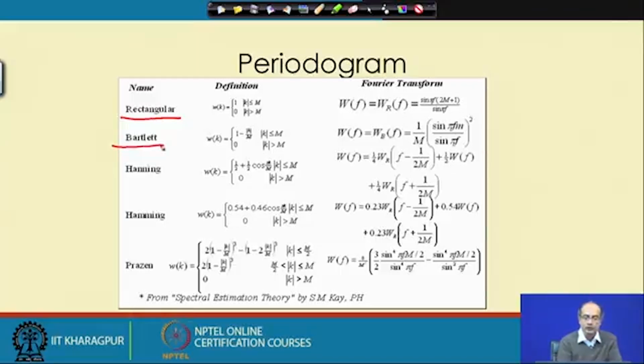Bartlett window. Instead of a rectangle, it is a triangle. At the center it has the maximum value 1, and on both sides it slowly reduces linearly, and beyond a point, for values more than m, it comes to 0.